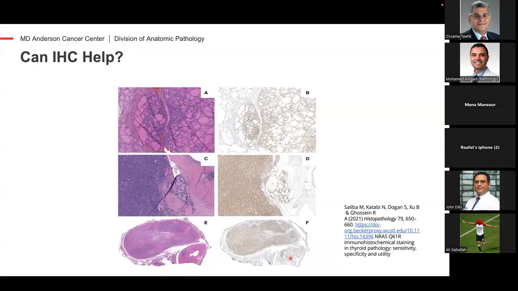You can say that they're probably the same, or it went through the capsule. So that's something that you can use. I don't think I've ever used it and it worked, right? But I guess this is something that could be helpful in figuring out invasion.